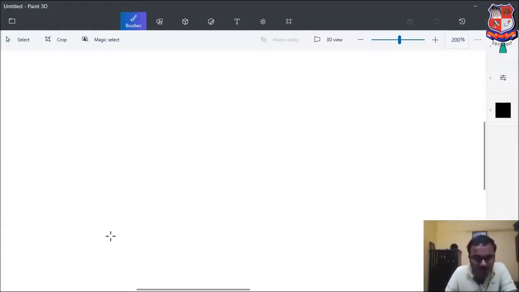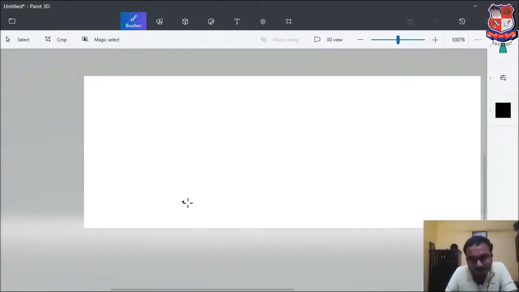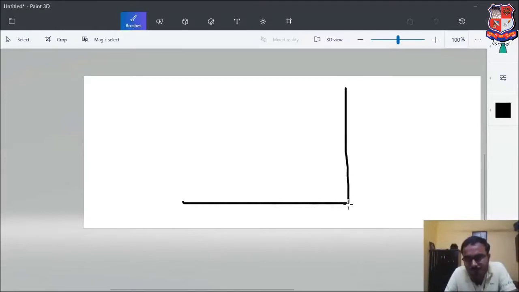So as on a psychrometric chart, on the x-axis we have dry bulb temperature. So this will be dry bulb temperature, and then on the y-axis we have specific humidity. And now we can draw the saturation curve.